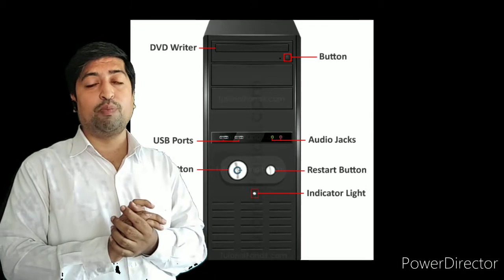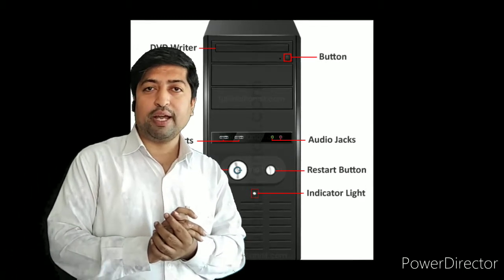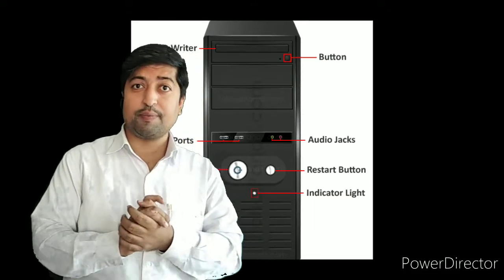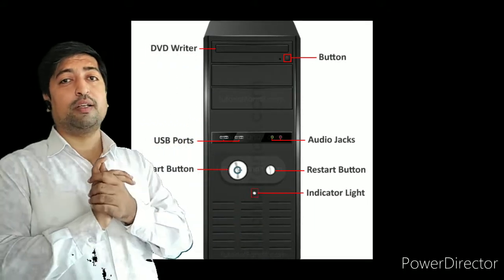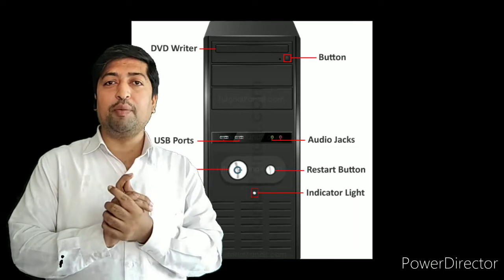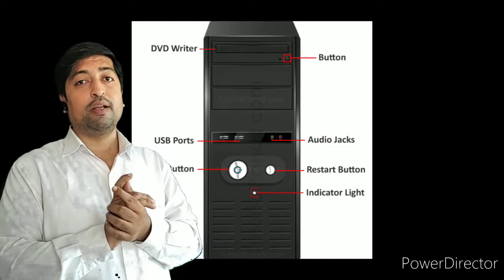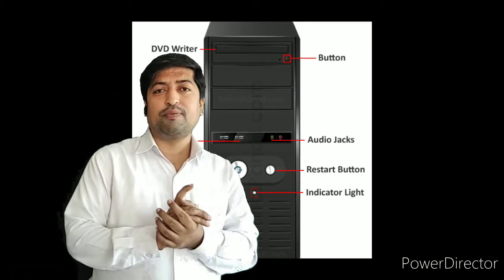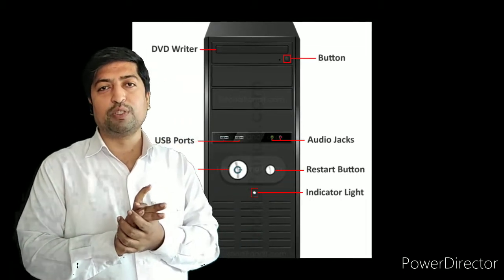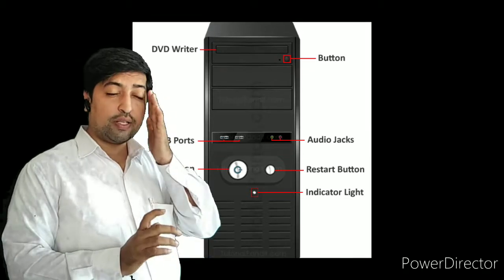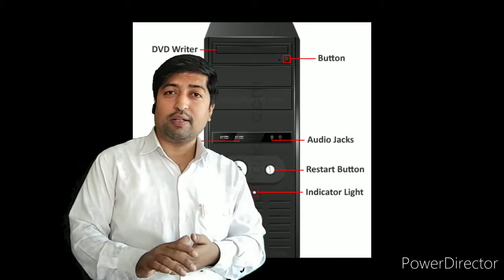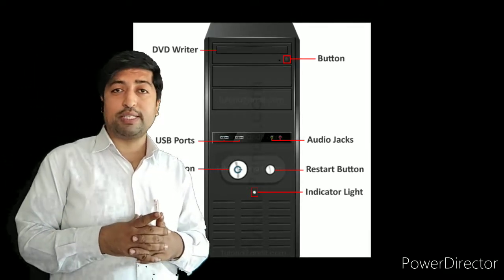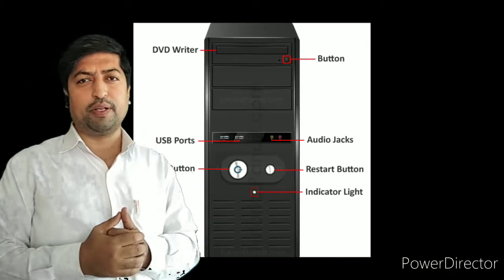Inside the USB ports we can join a mouse, printers, keyboards or many devices. There are different ports for different uses because there would be lots of uses with the help of the CPU and the computer.